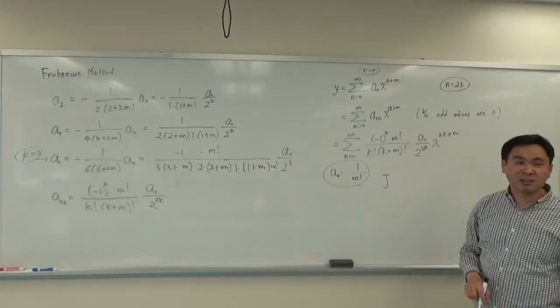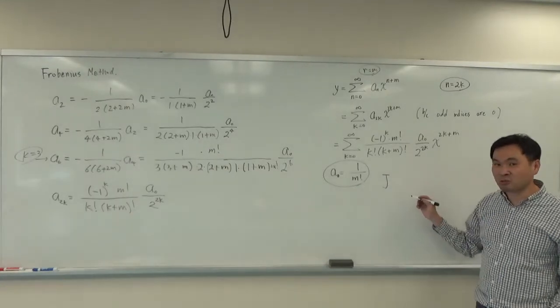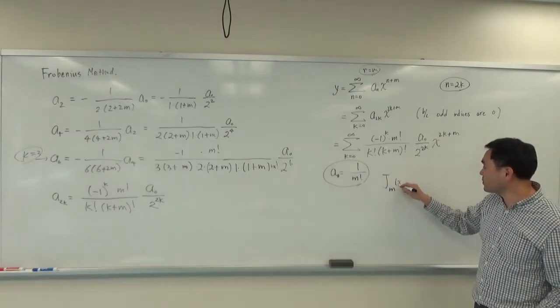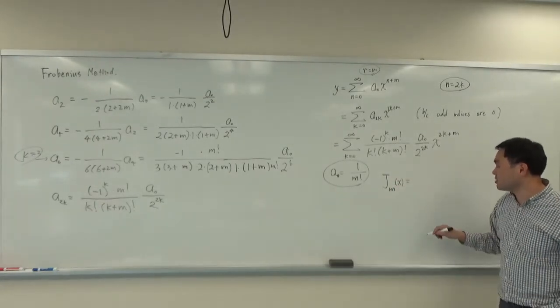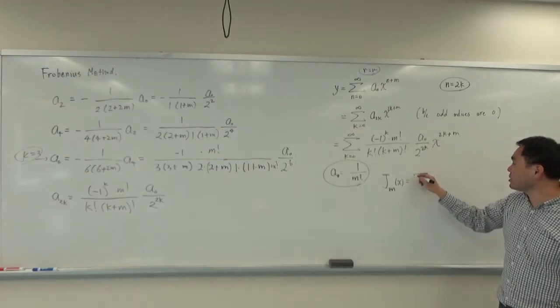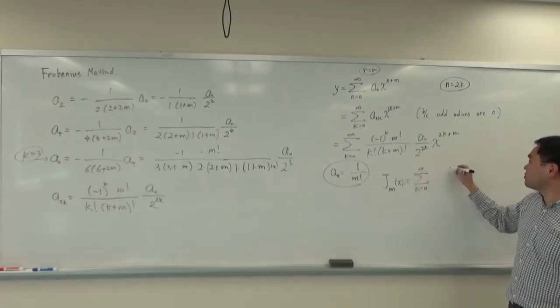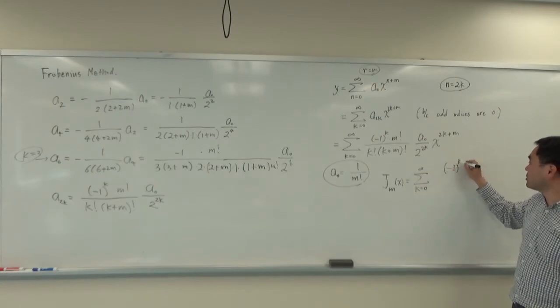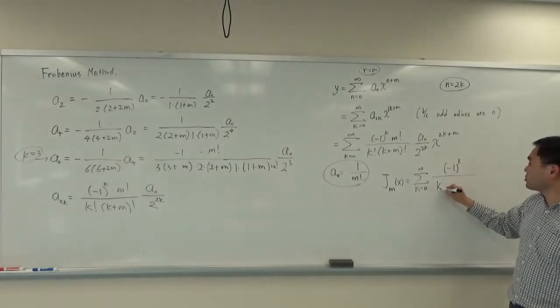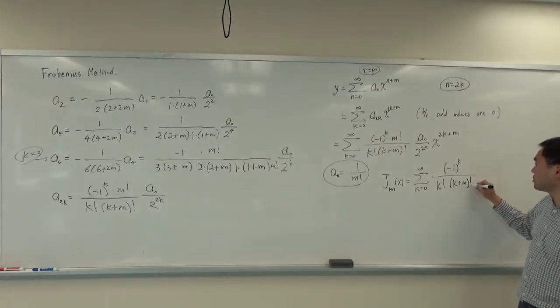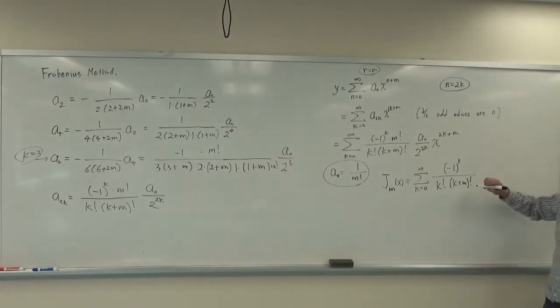Use j. I actually don't know why j is used, but j is used. And jm of x is defined as a summation of k equals 0 to infinity of negative 1 to the kth power over k factorial k plus m factorial, and then as you can see here, just a minute.